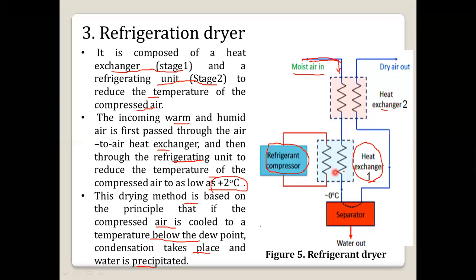Then we have the moisture separator, so whatever moisture is left will be drained out. Then the air goes to heat exchanger 2, and the dry air will come out.